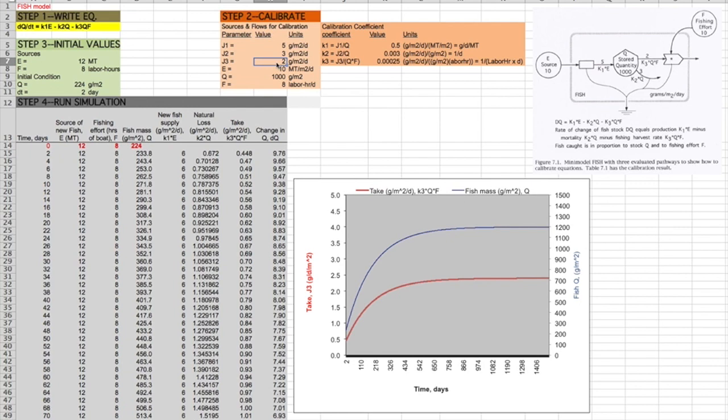We're still only taking 2 in this calibration, but by changing F to 8, we've also increased the efficiency by 25%, so that our new value for K3 is 0.00025, which is identical to the change in terms of values for K3 that we saw by changing J3 to 2.5.